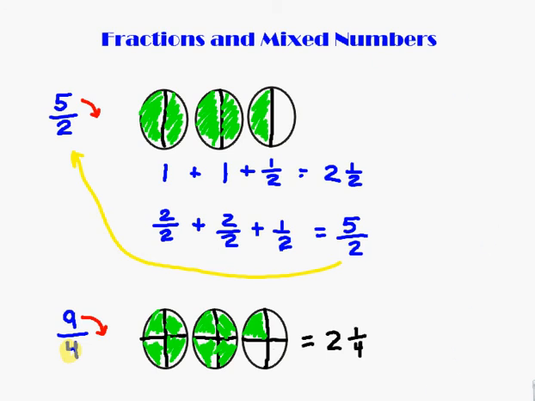Let's practice a few more on your own. See if you know how to draw the pictures to show these improper fractions, and see if you can turn these improper fractions into mixed numbers.